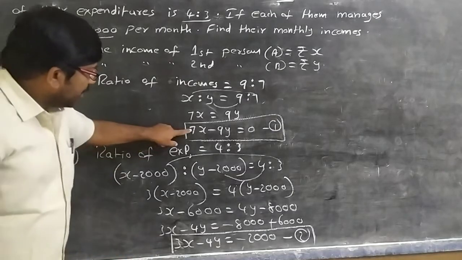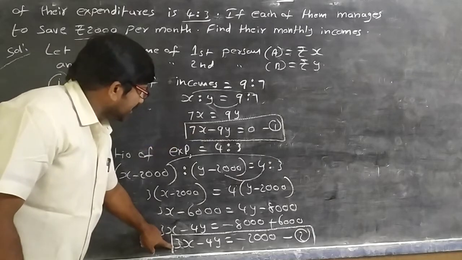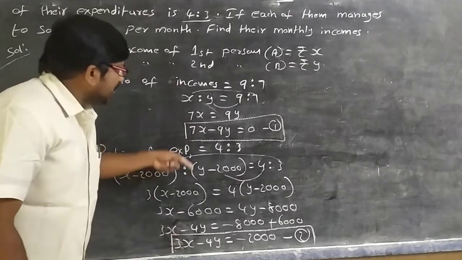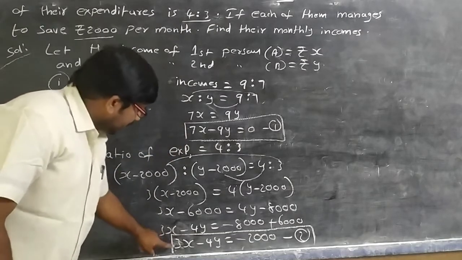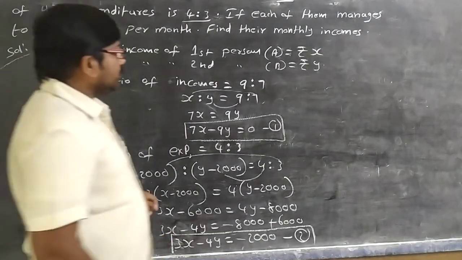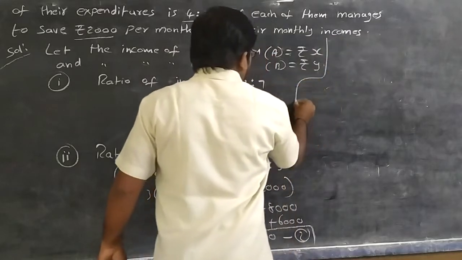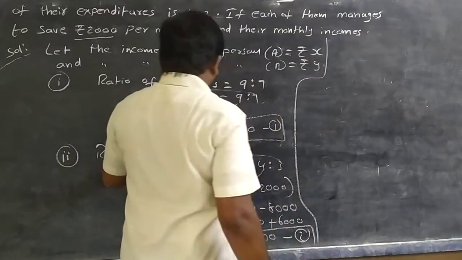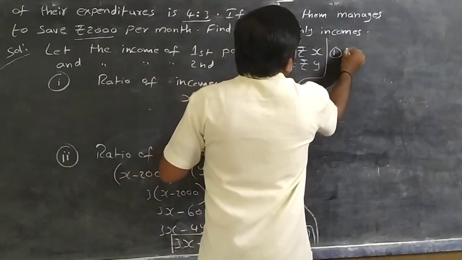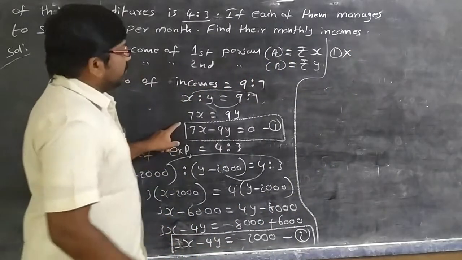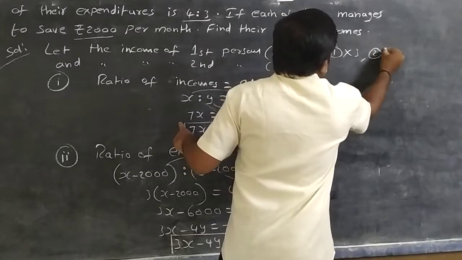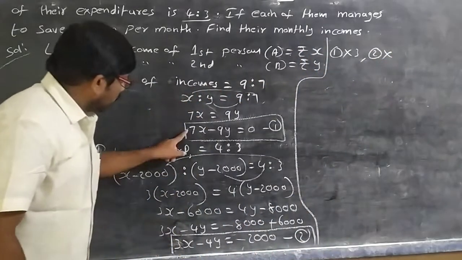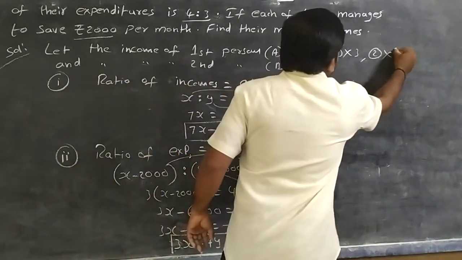This is 7x, it is 3x. So multiply first equation with 3 and second equation with 7, right? First equation 1 into 3 and equation 2 into 7, right?